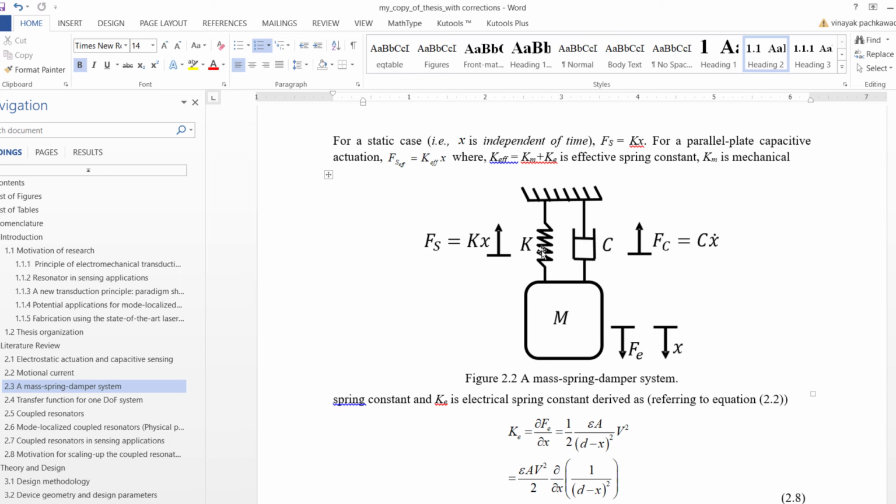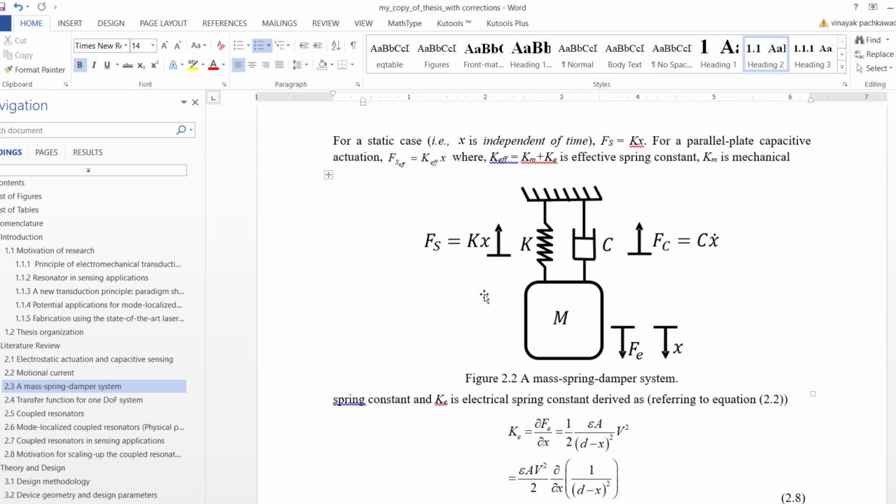Similarly, the damper also experiences a force indicated by Fc, that equals C times a velocity x dot. So note the direction of these forces. They are opposing the applied force right over here, that is Fe.